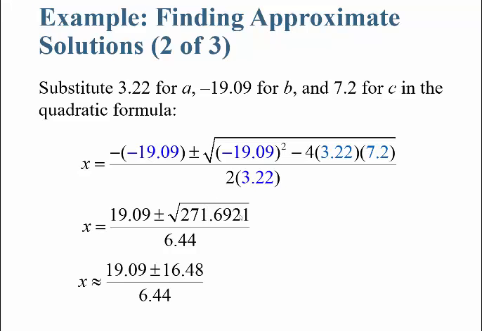Next, take the square root of it, which is approximately 16.48. Remember, we have two solutions. One is 19.09 minus 16.48 divided by 6.44, which gets us approximately 0.41, and another one is 19.09 plus 16.48, which gets me 35.57 divided by 6.44, approximately 5.52.